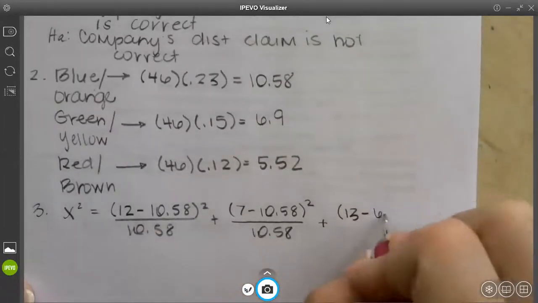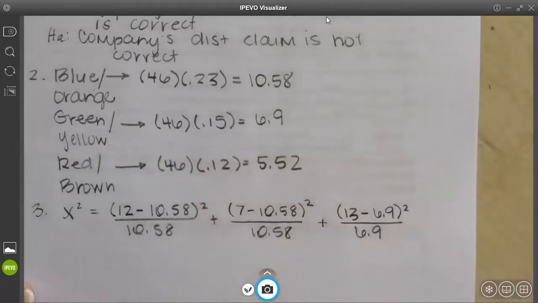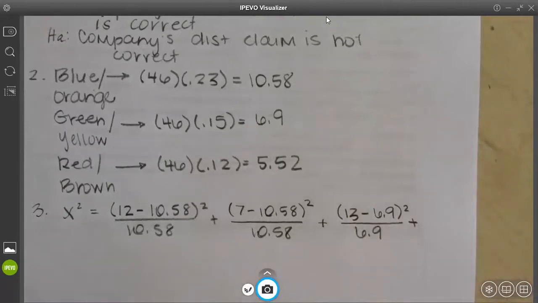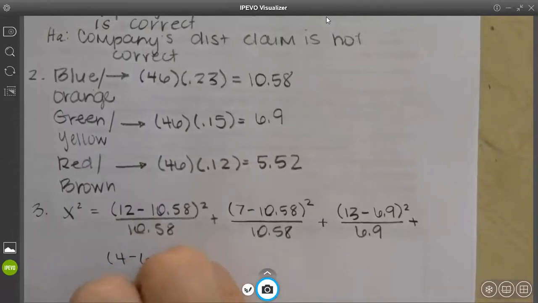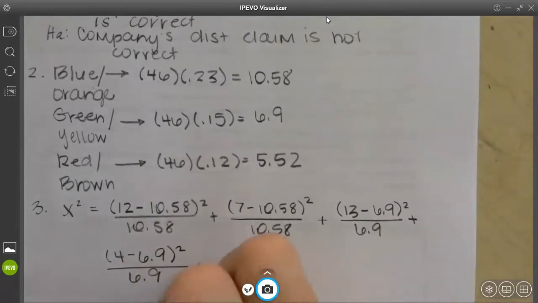We were supposed to get 6.9 squared over 6.9. For yellow, there was 4 in the sample. Expected 6.9, over expected again, 6.9.